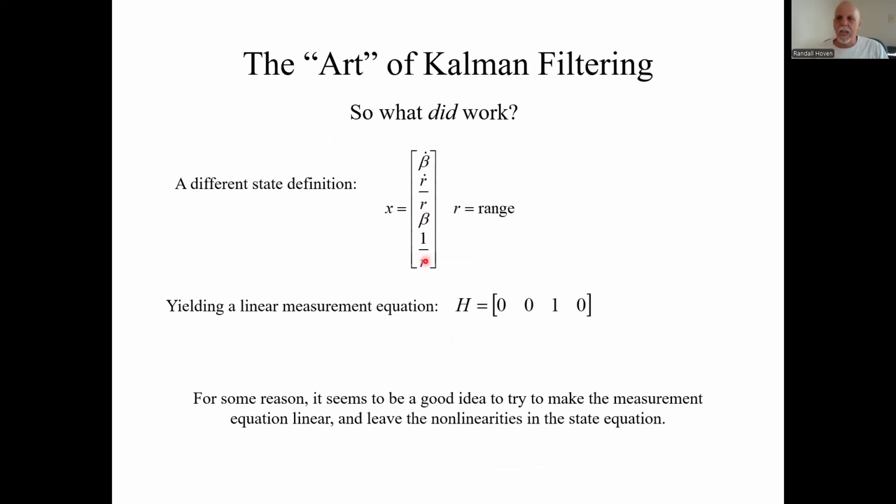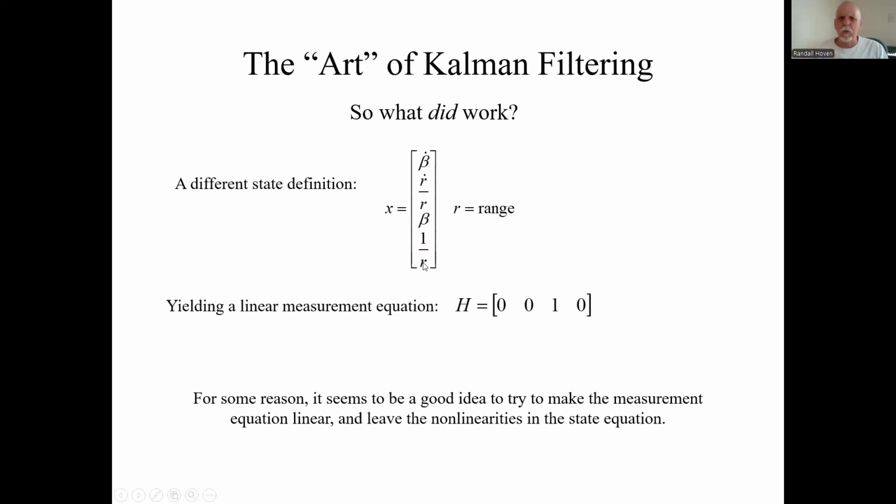A different state model with different state variables. Instead of using position north and position east, you use these kind of weird things: your bearing rate, range rate over range, that ratio, bearing itself, and the inverse of range.